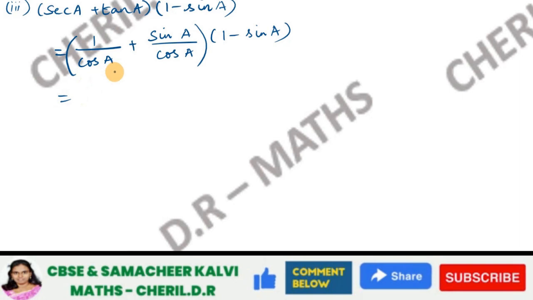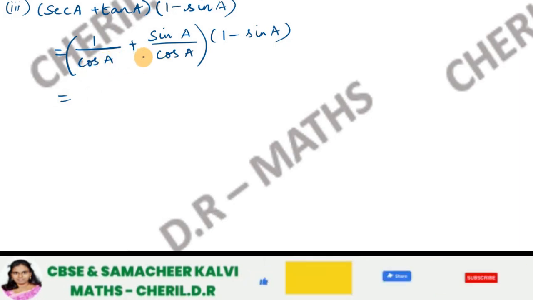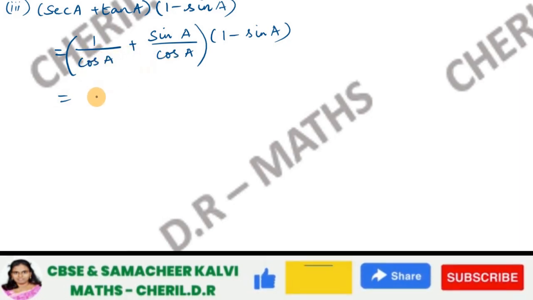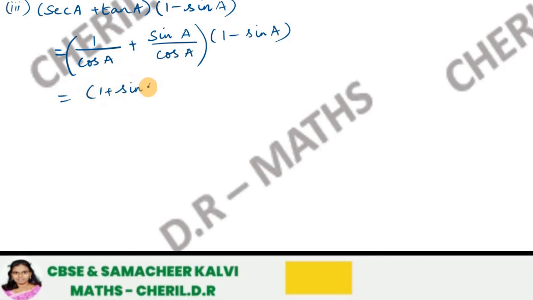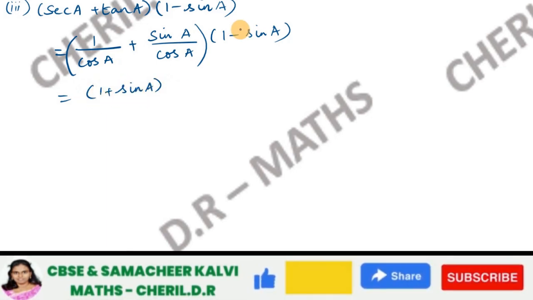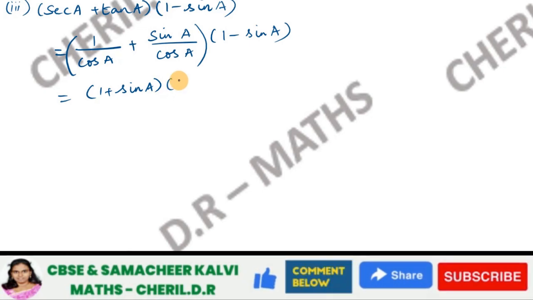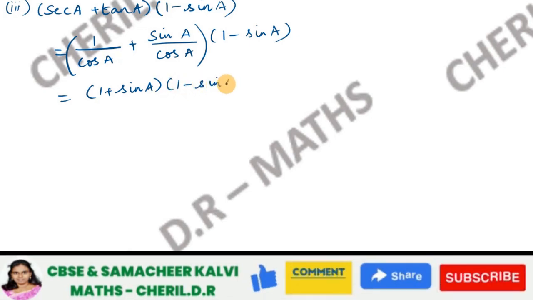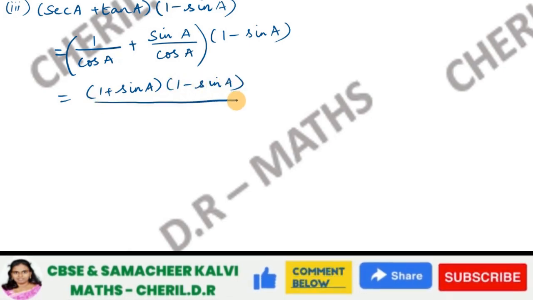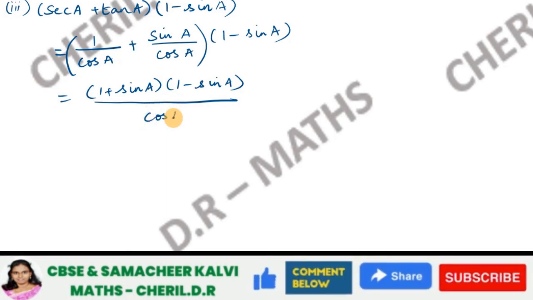Now we see that the denominators are the same, so we can take it common. So we will get (1 plus sin A) into (1 minus sin A), divided by cos A.